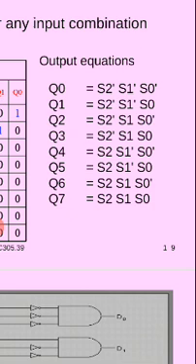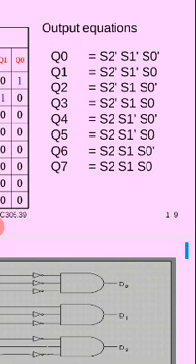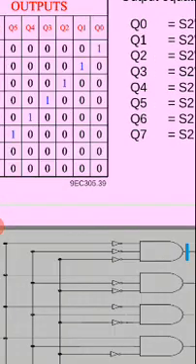For Q3, S2 complement, S1, S0. For Q4, S2, S1 complement, S0 complement. For Q5, S2, S1 complement, S0. For Q6, S2, S1, S0 complement. For Q7, S2, S1, S0.